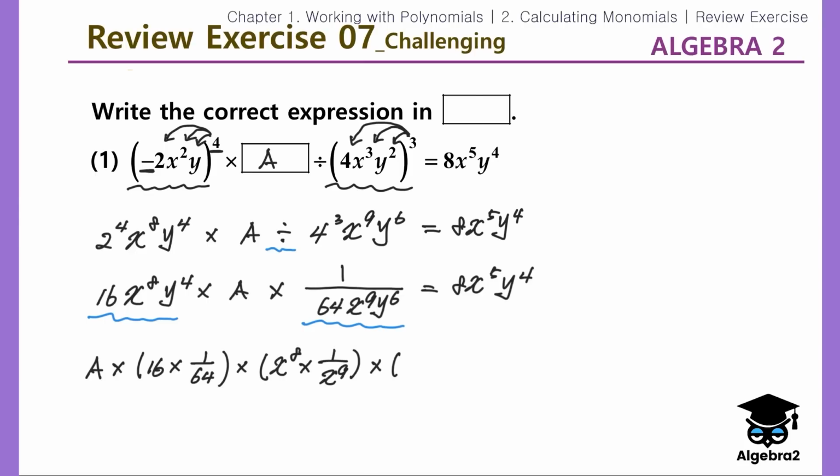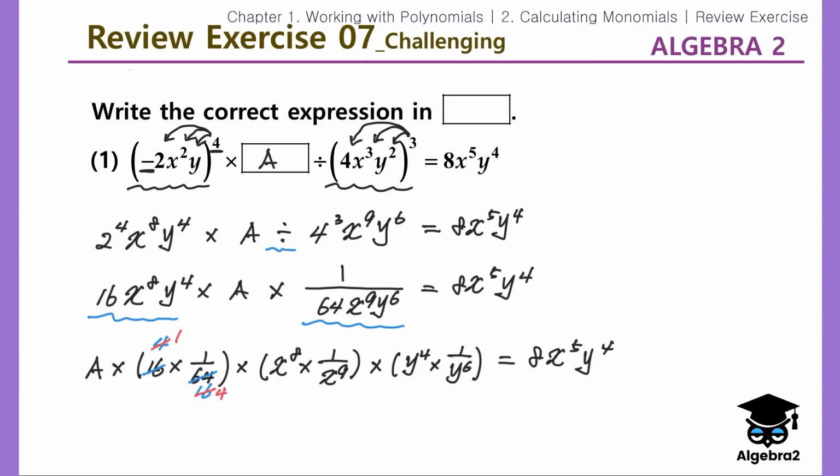Times y, we have y to the 4 times 1 over y to the 6. And all of this expression is equal to 8x to the 5, y to the 4. Right? So, 4 times 16 is 64. So that's just 1 over 4, right?